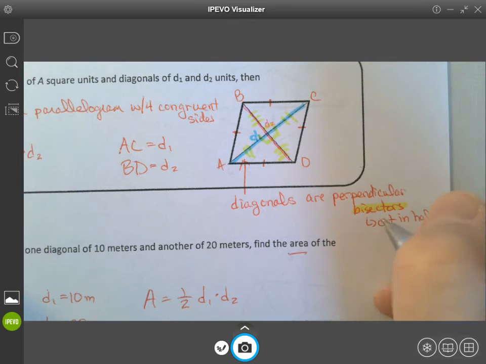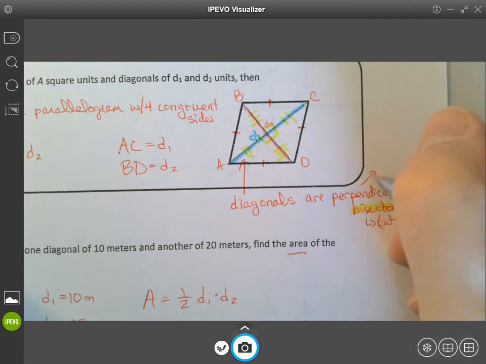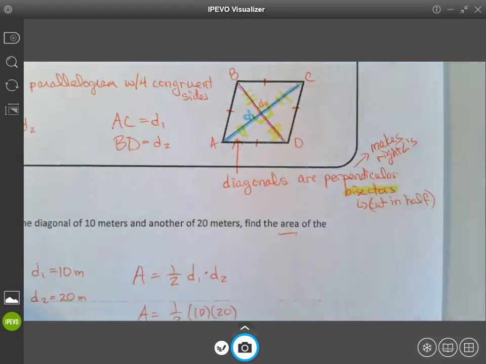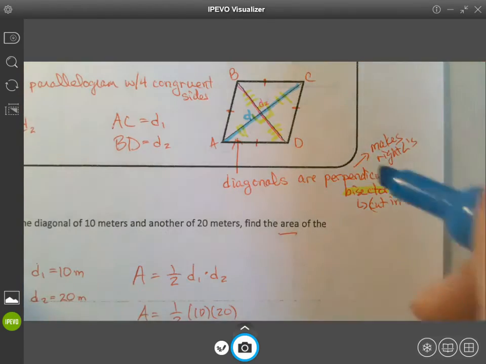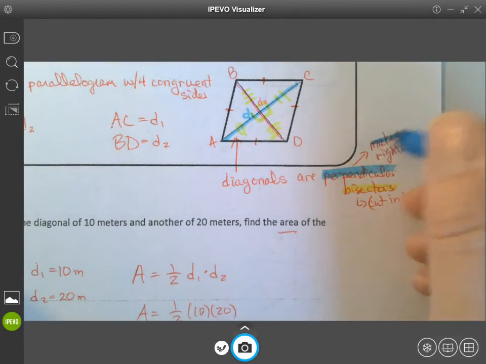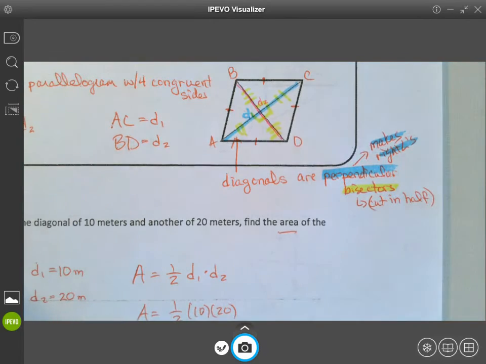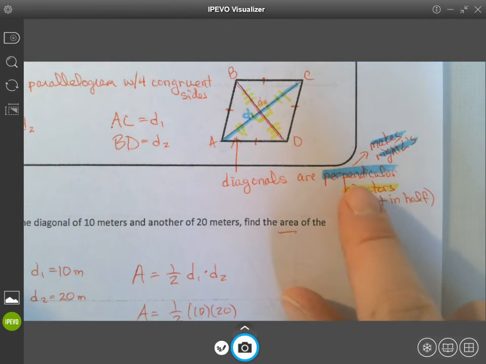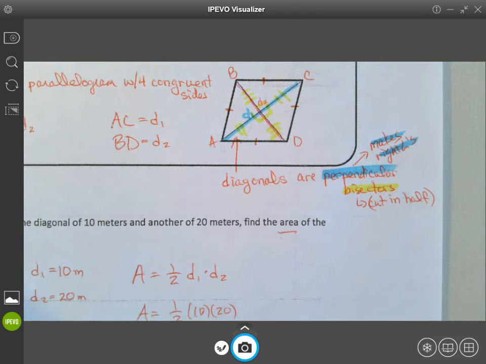Perpendicular means makes right angles. That's a lot of information, and I think that's why we forget some of this stuff. So the diagonals cut each other in half, and they make 90-degree angles. All right, so diagonals are perpendicular bisectors, meaning bisectors cut in half. Perpendicular makes right angles.